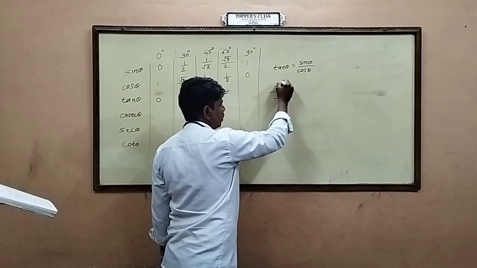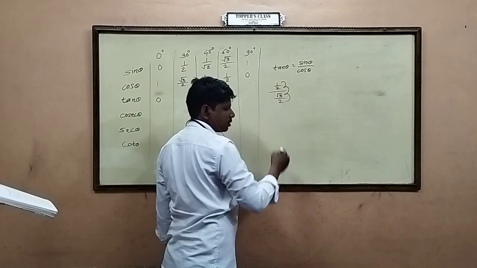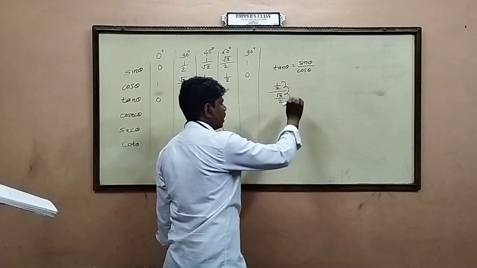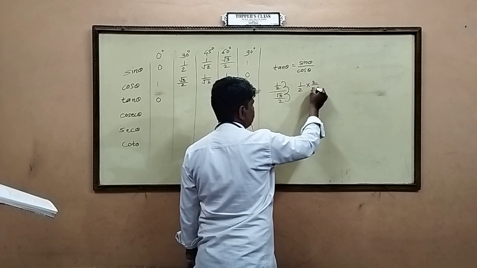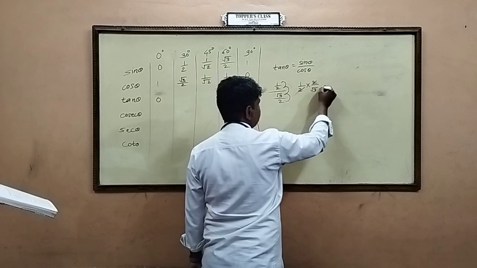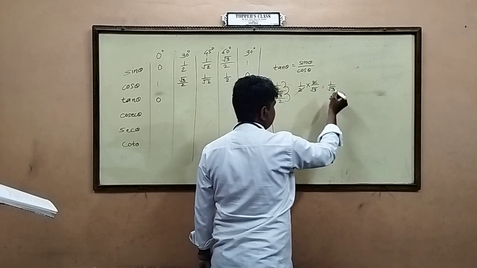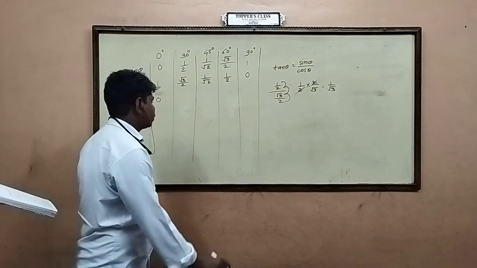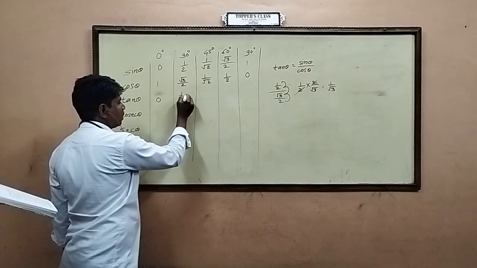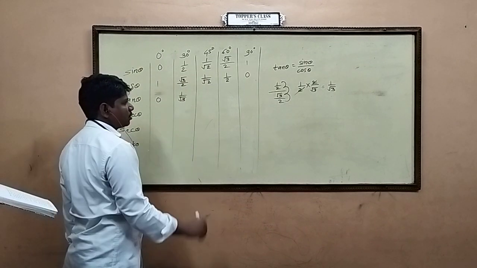We can take it as 1 upon 2 into 2 upon square root 3. The 2s cancel, and we get the answer 1 upon square root 3.